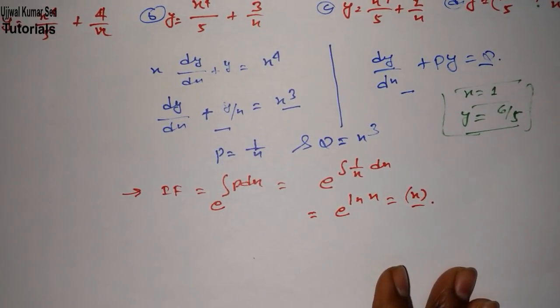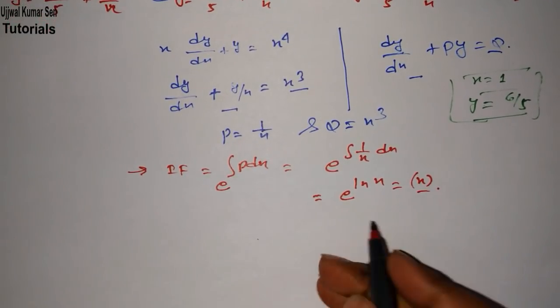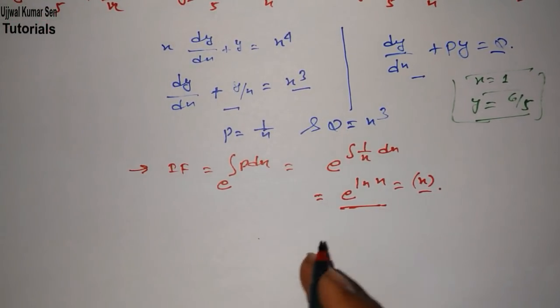This is a simple mathematical rule I am just applying here. You need to know these rules if you are preparing for the GATE examination, because the implementation of basic rules in GATE numerical problems, be it mathematics or any other subject, is tremendous.